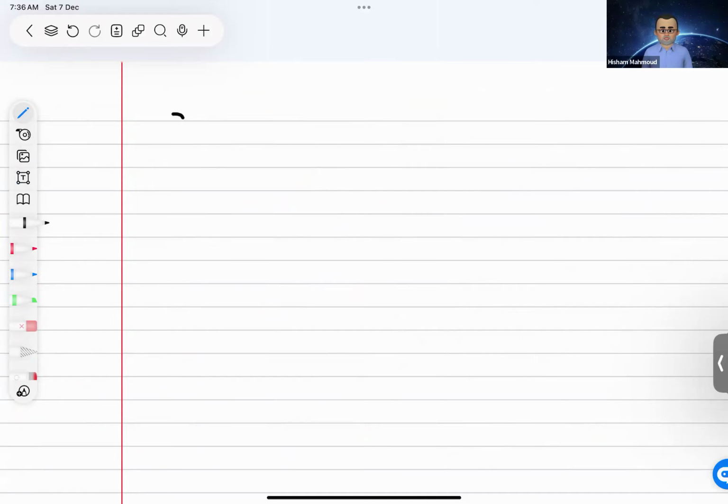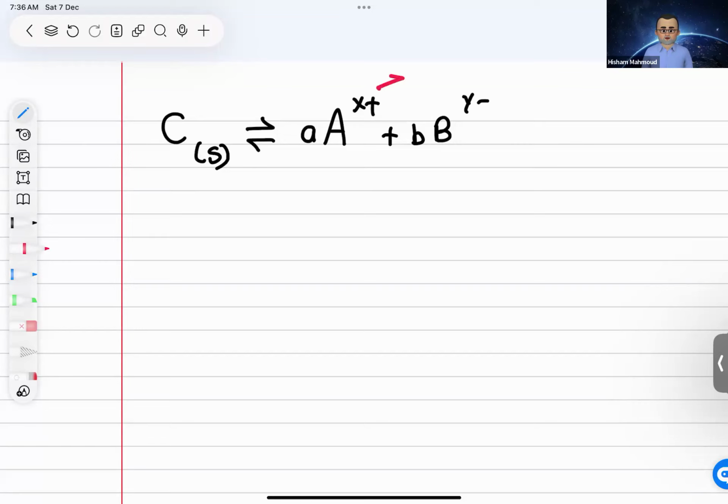So if I have any solid substance with a simple formula C, and it's broken down into A moles of X, and B moles of Y, where X and Y are the valencies, and they are both aqueous.